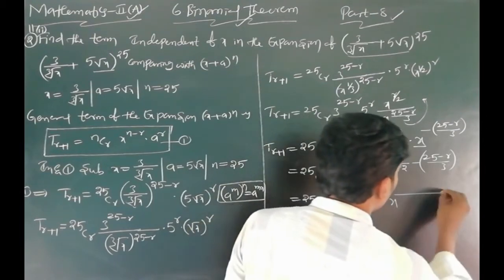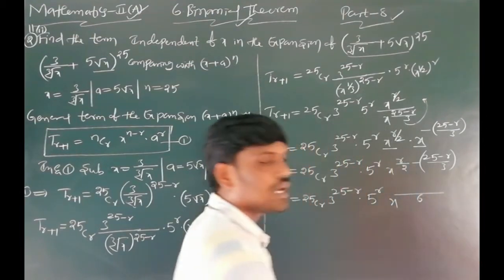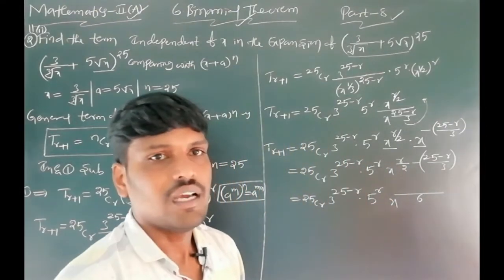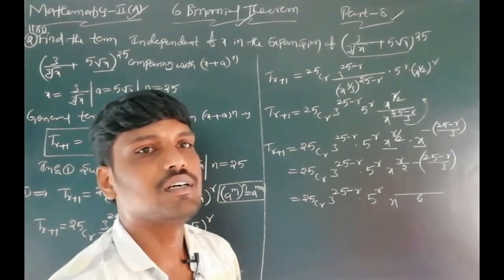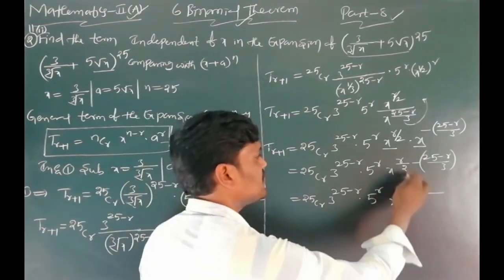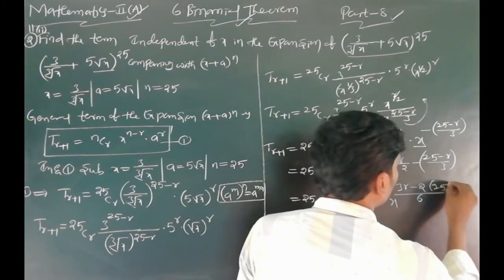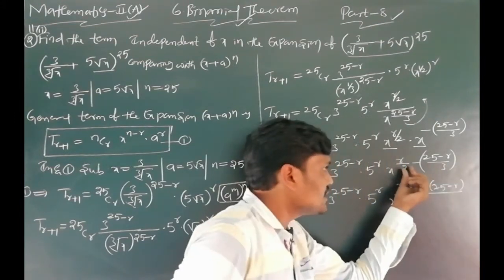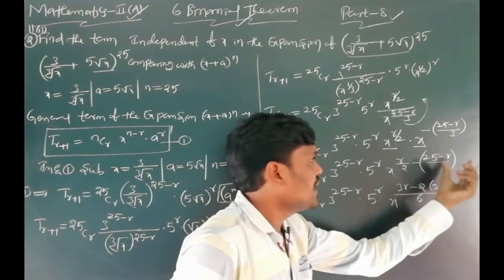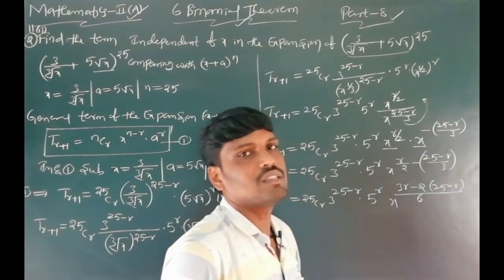What is the LCM of 2 comma 3? Since 2 and 3 are prime numbers, the LCM is 6. You can multiply these two: 3 into r, 3r, minus 2 of 25 minus r. Here r is multiplied with 3 and this numerator is multiplied with 2.